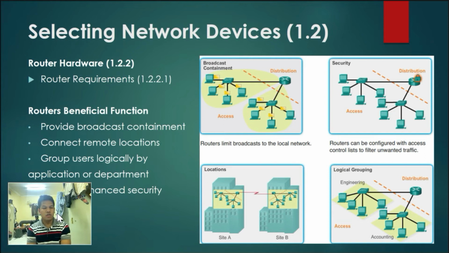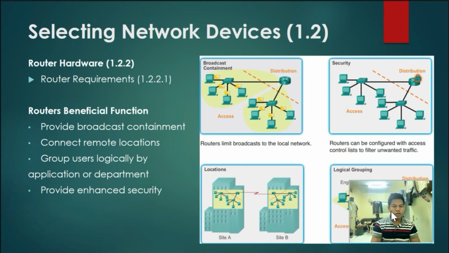Routers can also act as a translator between different media types and protocols. So the router's beneficial functions are that it provides broadcast containment, connects remote locations, groups users logically by application or department, and provides enhanced security.